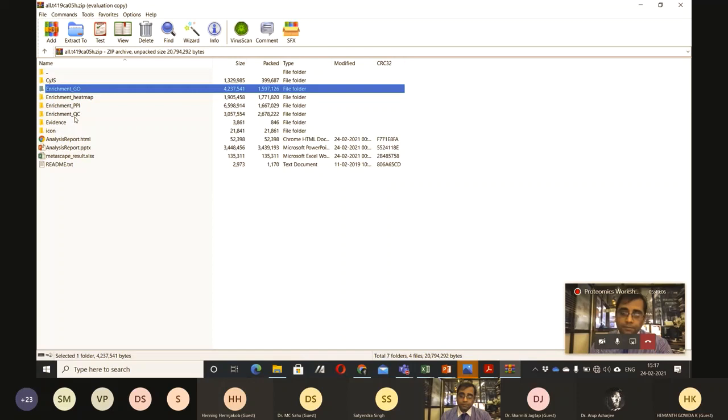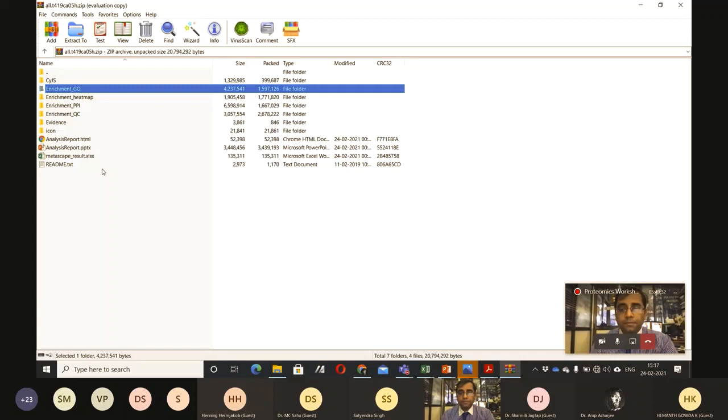Once you are done with your analysis, you can archive this file and keep all the raw data and all the calculations with you for long-term keeping. Suppose you're working on a project, you can keep this entire analysis with you, and you can go back to your raw files and check what the actual data set was that you were working on. So this is a good way to have all your data with you.